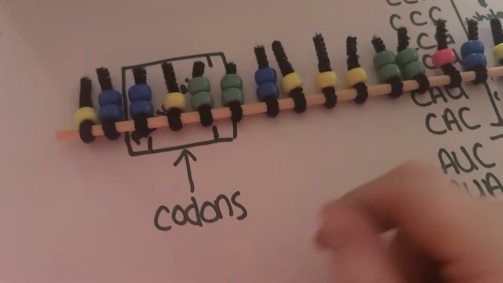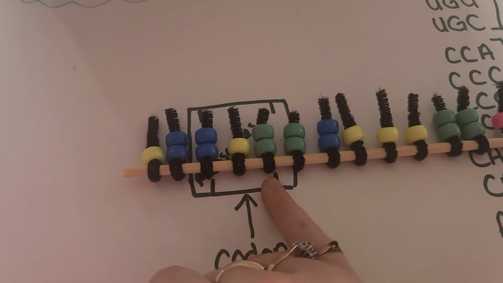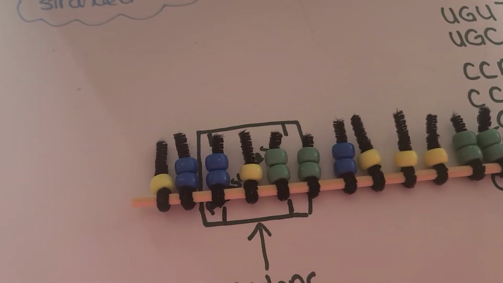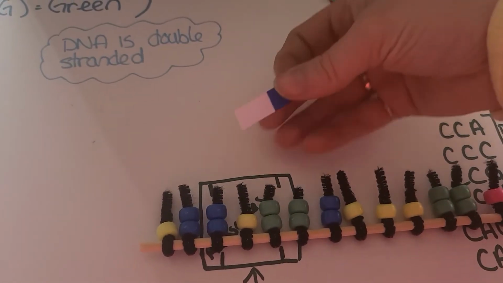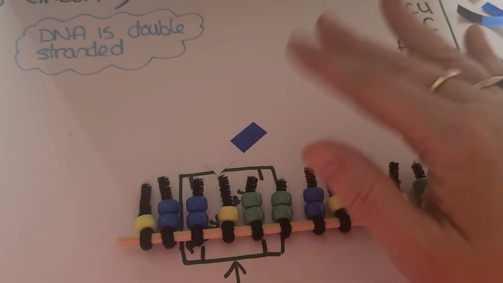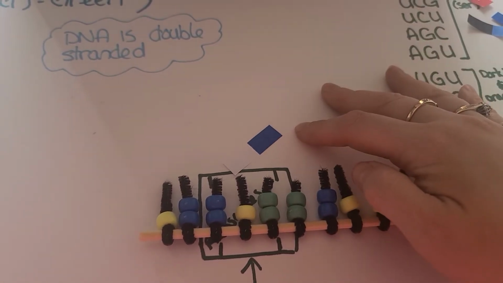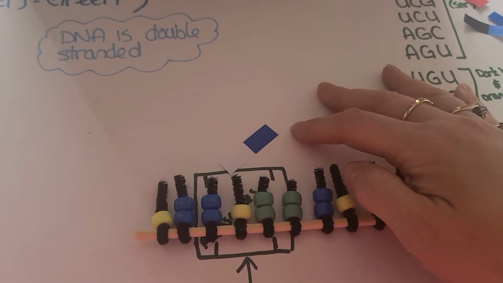The start codon is AUG. So we've got this one representing AUG. Essentially the tRNA, the transport RNA, comes in and drops off this first amino acid to start a chain.